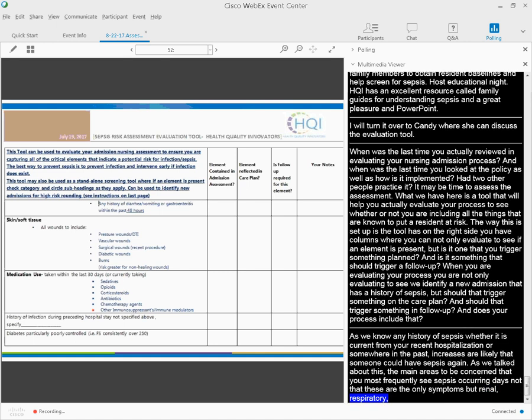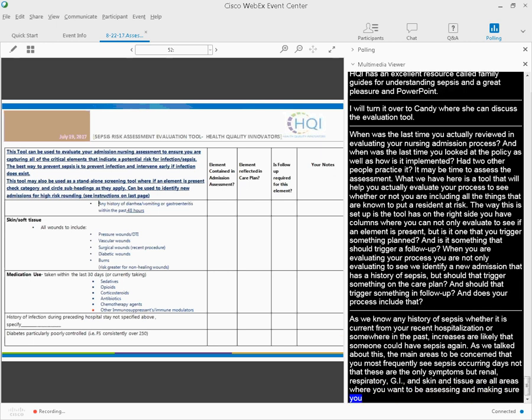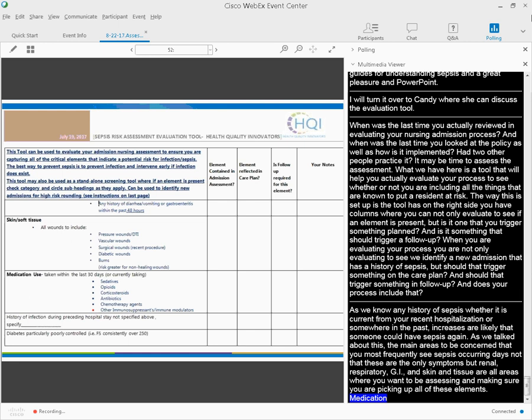These are all areas where you want to be assessing and making sure you're picking up all of these elements.